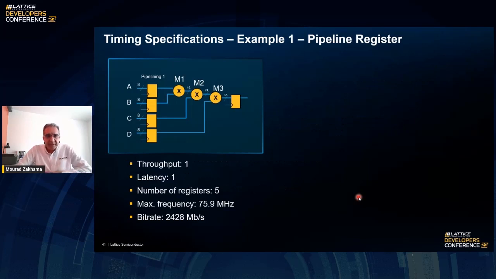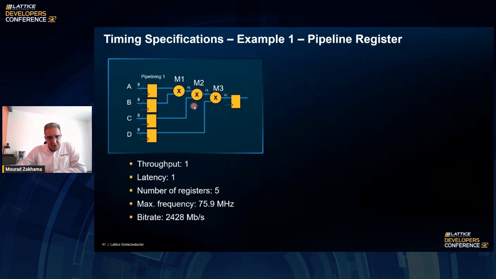We're going to see all three examples in the next couple of slides. Let's take the example of a design where we want to multiply A, B, C, and D. Each one of them goes through a register. Then we have the multipliers, these three multipliers. We multiply A and B, that's multiplier 1. Then we multiply the output with multiplier 2, and so on, and we get the output.